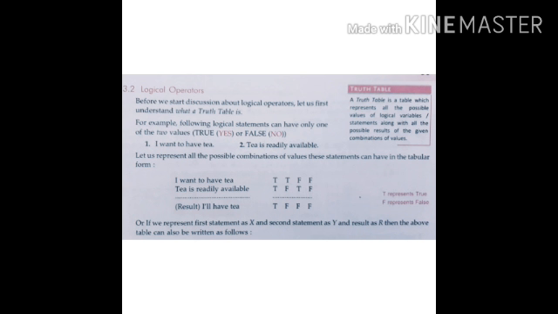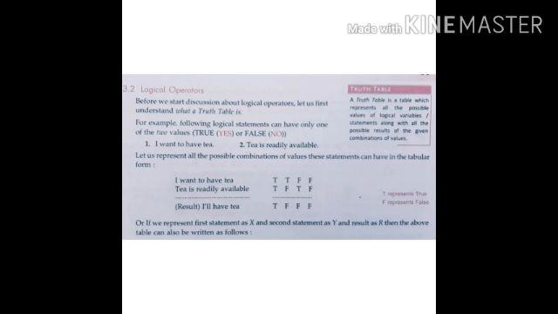For example, look at the statements given here: I want to have tea, and the second statement, tea is readily available. We have two different values, and if we combine them in yes or no format, 2 raised to the power 2, we will get 4 different combinations for these two statements.